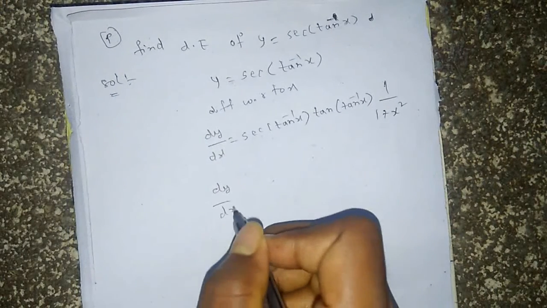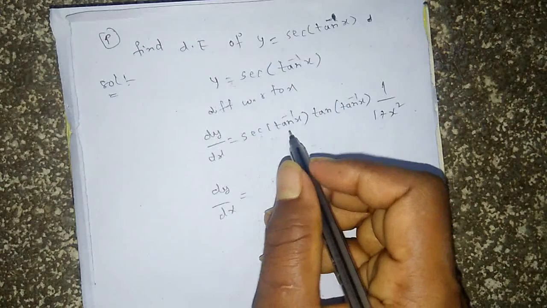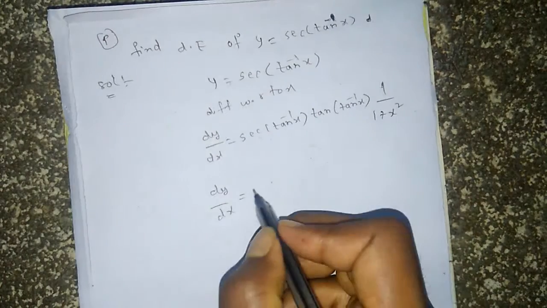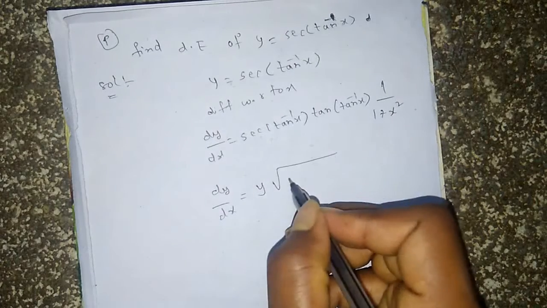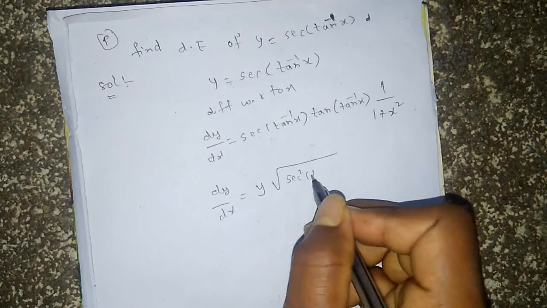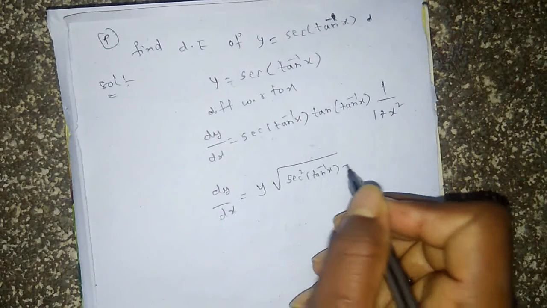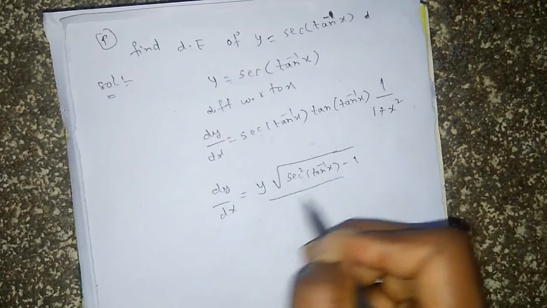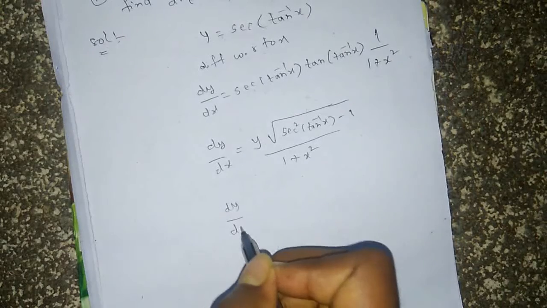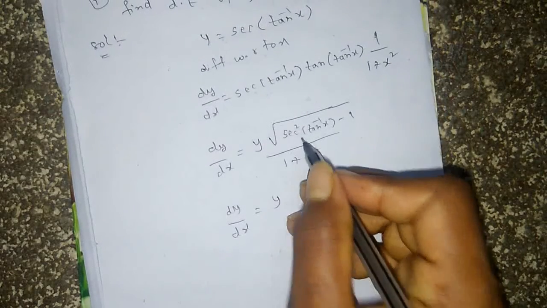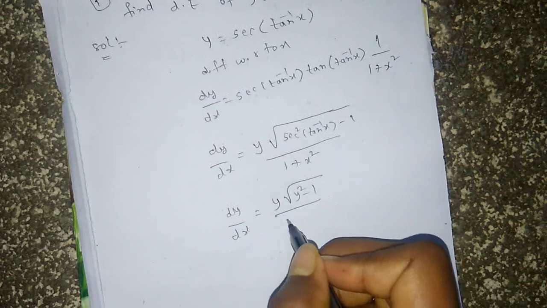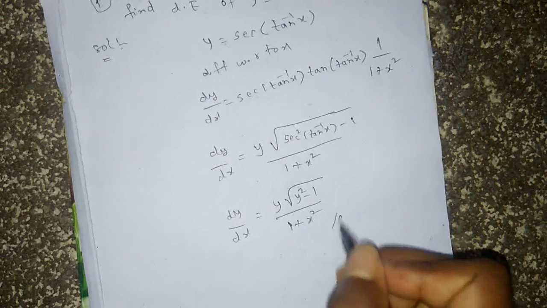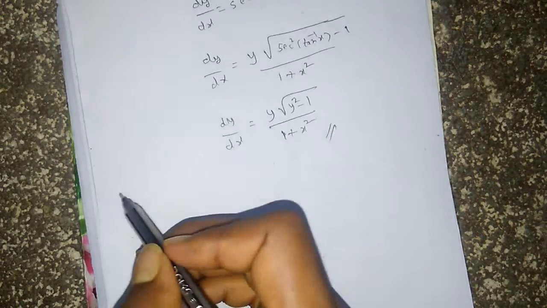Sec of tan inverse x is y, and tan of tan inverse x we can write as under root of secant square tan inverse of x minus 1. So dy by dx is equal to y into root of y square minus 1 by 1 plus x square, which is our differential equation.